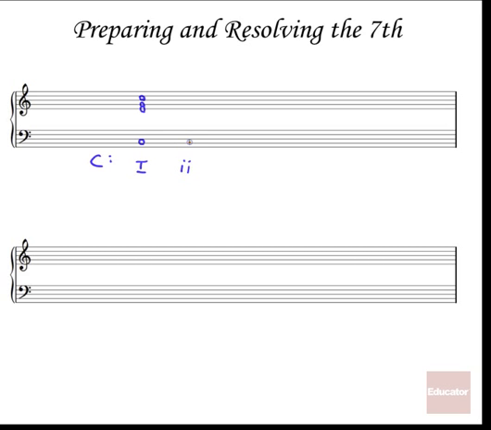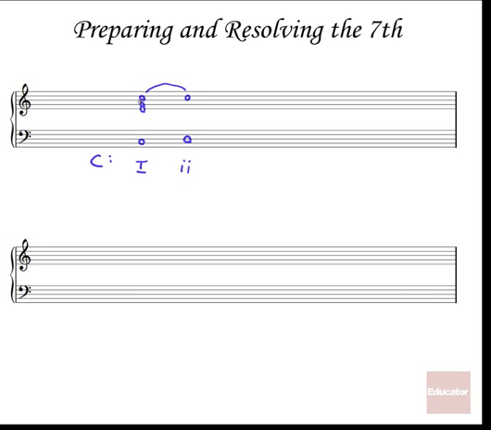So we're moving up by step, and what we need to know is what the seventh of a 2 chord is, and of course a seventh above D is C. So here we have this consonant C that's going to form the seventh in the 2 chord, so that must be tied over. And then we just need to fill in the rest of the chord.